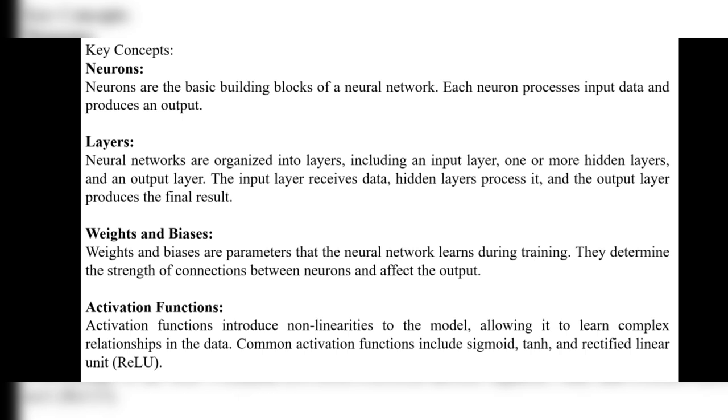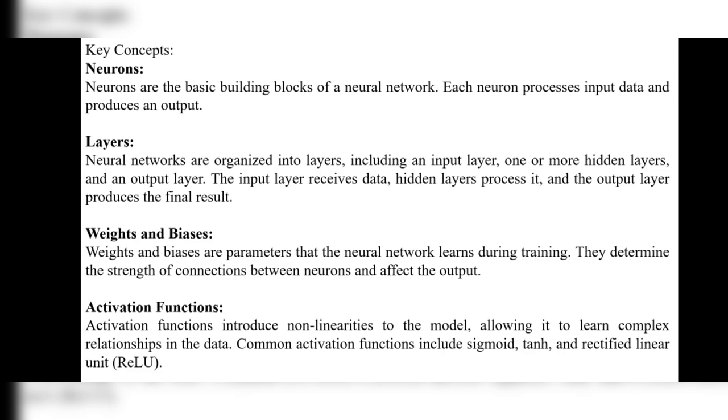Activation functions introduce non-linearities to the model, allowing it to learn complex relationships in the data. Okay, common activation functions include sigmoid, tanh and rectified linear unit, ReLU. Okay, this is not required, you just learn about neurons and layers and weights and biases.